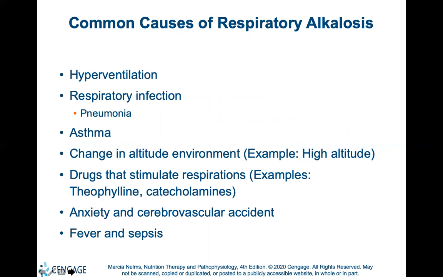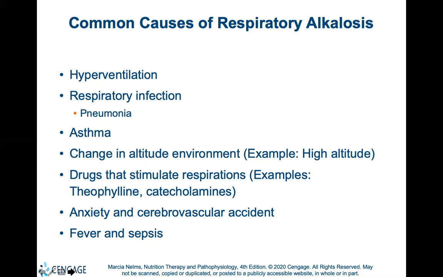Hypoxemia can be a result of respiratory diseases such as pneumonia, asthma, pulmonary embolism, or pulmonary edema, and/or the exposure of high altitudes. Direct stimulation of the respiratory center in the brain can also cause hyperventilation and resulting loss of carbon dioxide.